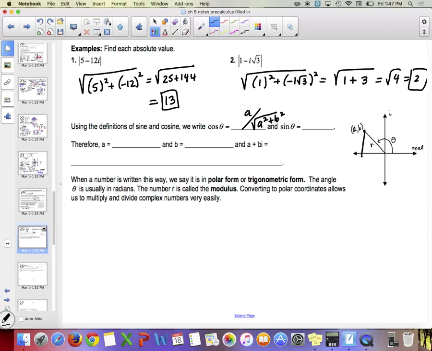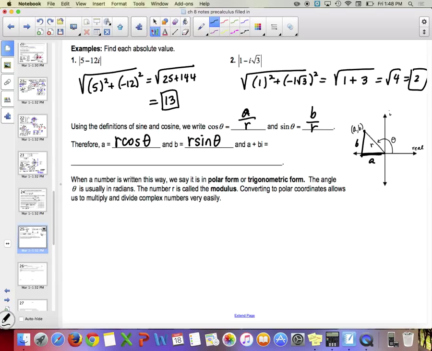All right, so if you have a picture, well, I guess I should say a over r. Let me just write it as a over r. That will make more sense because I drew r in the picture. And then our sine was always the y value divided by our r value, right? So b over r. Therefore, a equals r times cosine of theta, and b equals r times sine of theta.